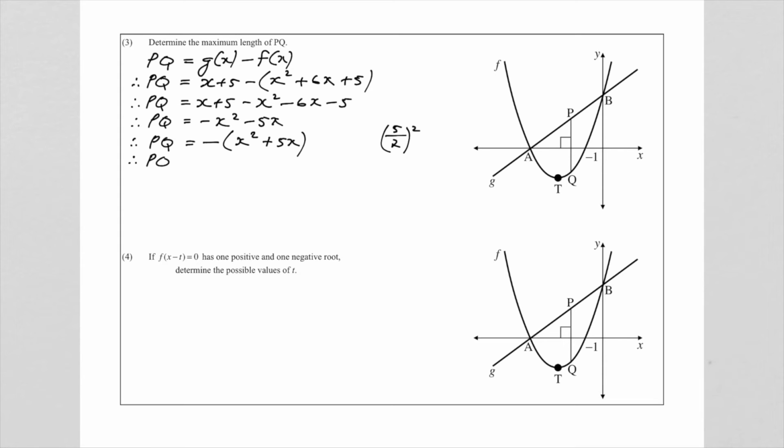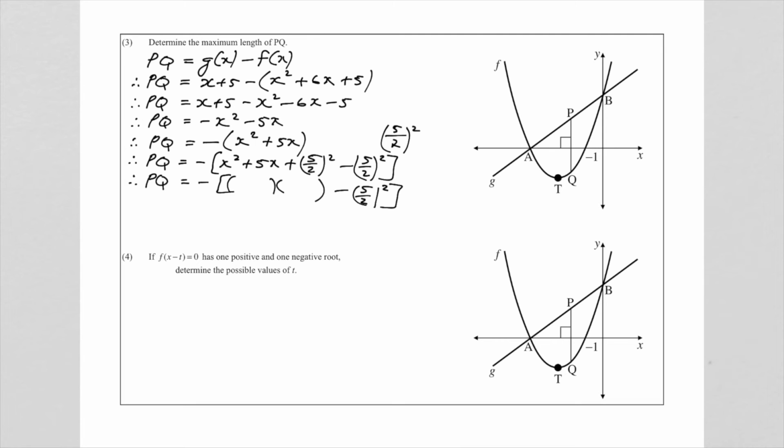So we can say that PQ is equal to negative, and then we say x squared plus 5x plus (5 over 2) squared minus (5 over 2) squared. And it means it still has the same value. These first 3 terms will now give us a complete square. So we can say that PQ is equal to, and be careful just with your brackets now, and that minus (5 over 2) squared will stay.